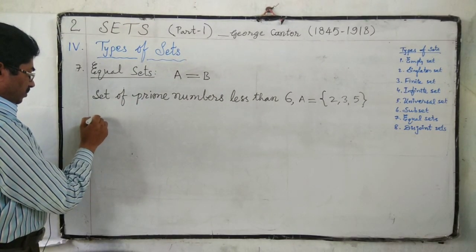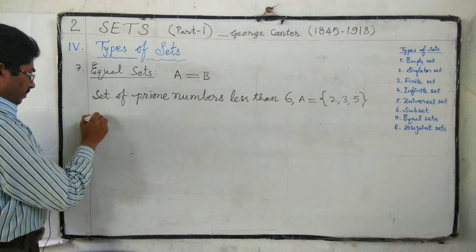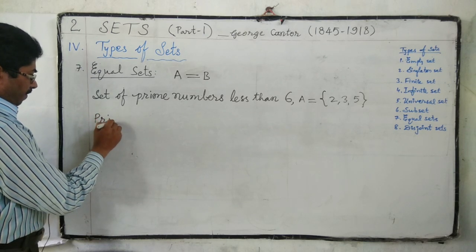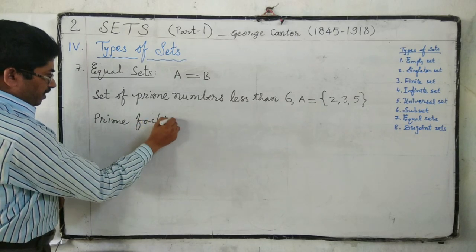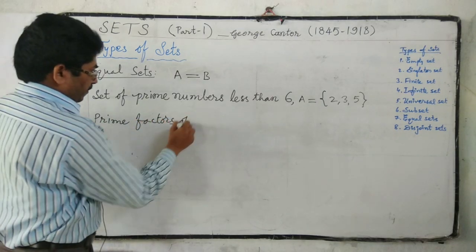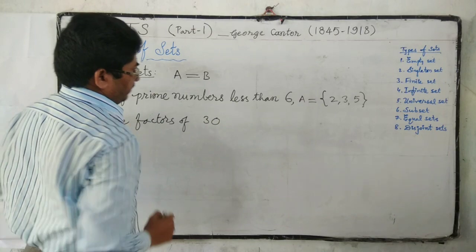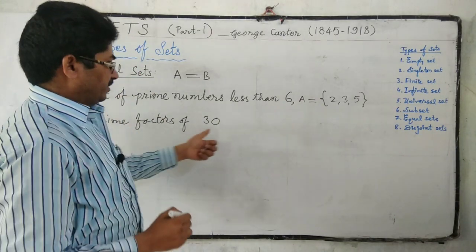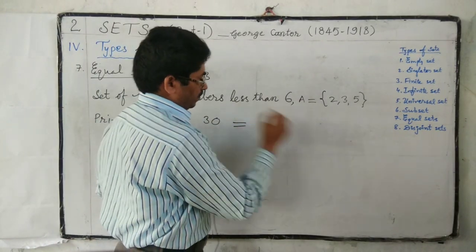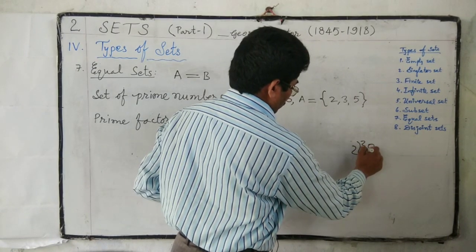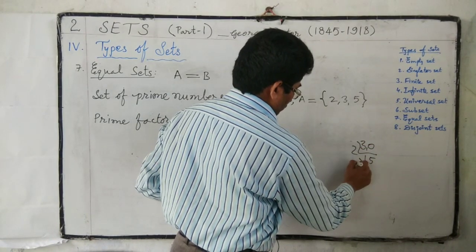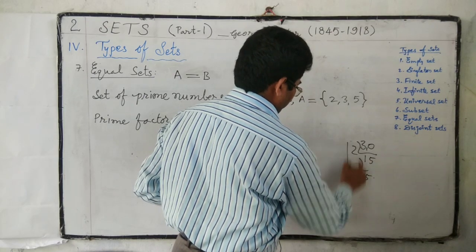Next, set of prime factors of 30. 2 1s are 2, 2 5s are 10, 3 5s are 15.